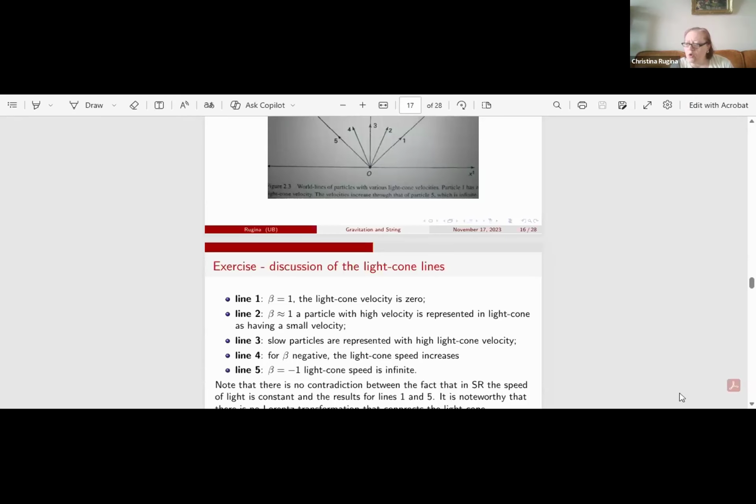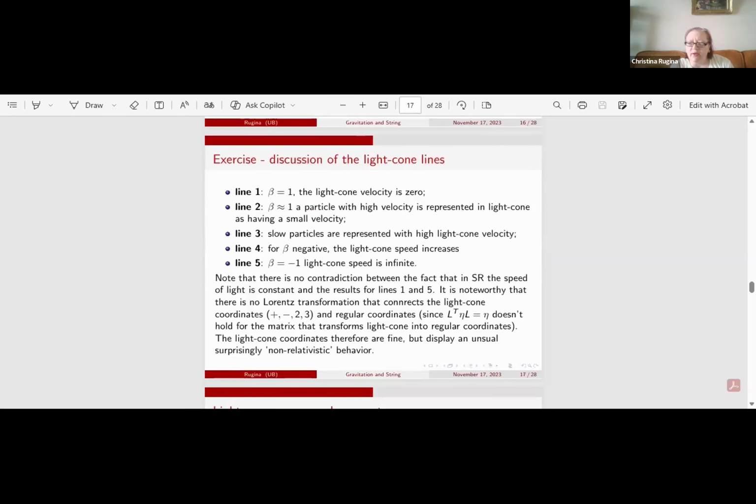So apparently that's a contradiction with special relativity. But they say here, note that there is no contradiction between the fact that in special relativity the speed of light is constant, and the results for line 1 and 5. The light cone velocity is 0, and here is infinite.